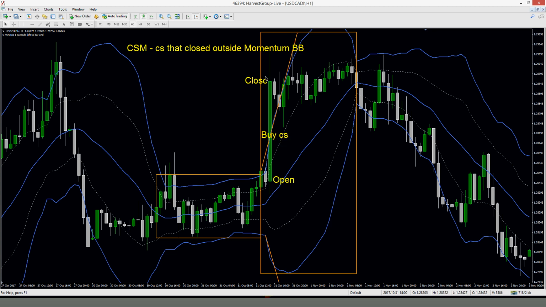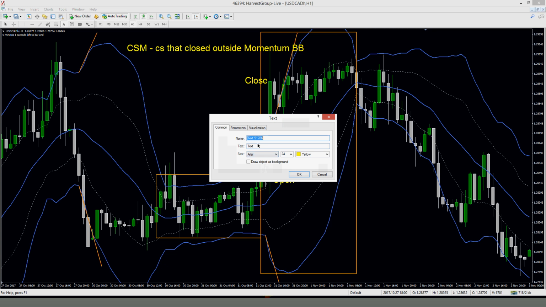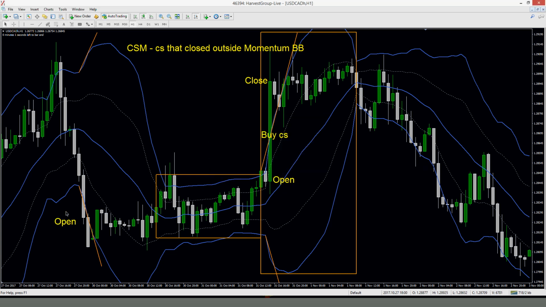You have a candle that is closed outside a momentum Bollinger Band. Over here on the left, we can see that this is a momentum Bollinger Band because top and low BB are pointing in opposite directions, and you have a sell candle that opens at the top and closes at the bottom.